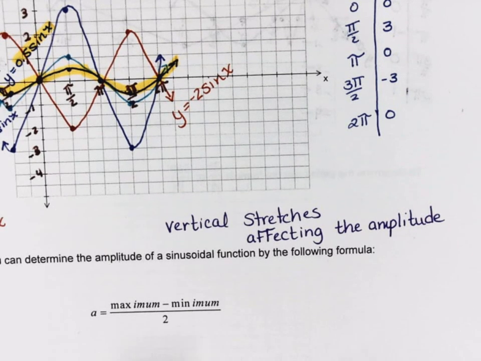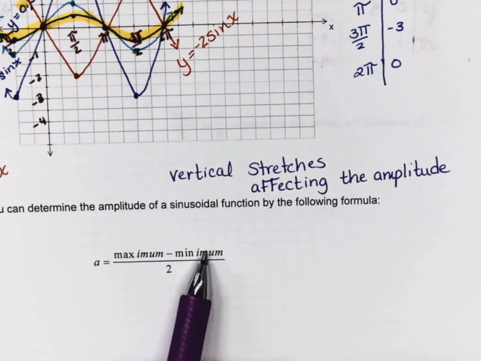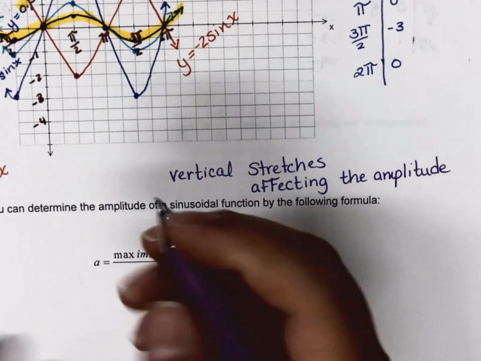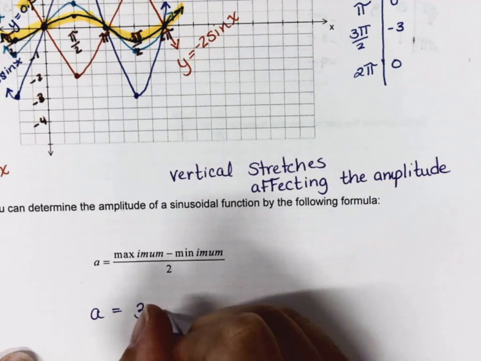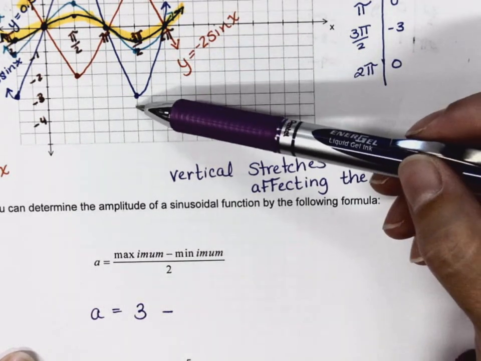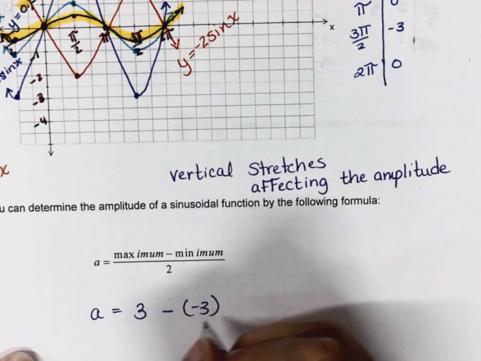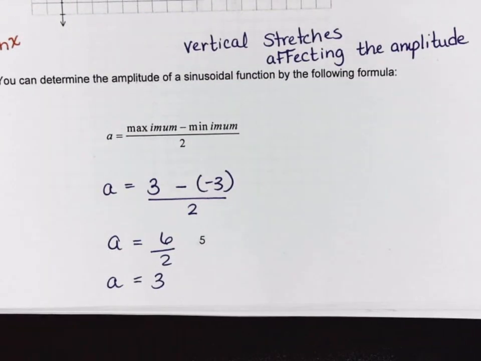and you don't know what to do for that amplitude, all you have to do is take the maximum value, subtract it from the minimum value, and divide by 2. So you're telling me on that graph, my maximum was 3. I'd subtract the minimum, which was at -3. So that's the way to math it out.